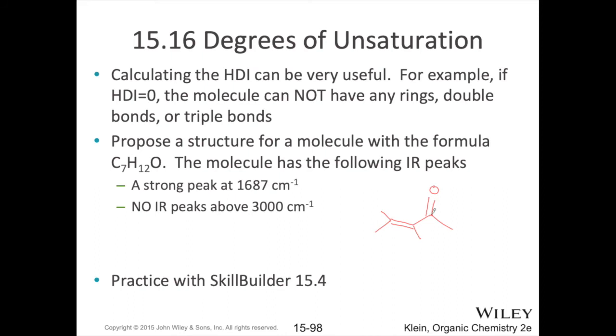Okay, we've got our 2 degrees of unsaturation. If we count our number of hydrogens here, you should see that we have 12 hydrogens. Okay, so it's 3, 3, 3, and 3 here. So all those methyl groups add up to 12 hydrogens, and that should be our molecule.